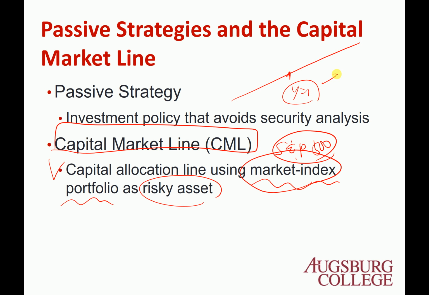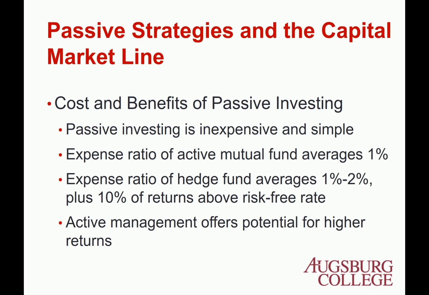You can increase or decrease and just move along. Then you don't have to do the security analysis, and that's the benefit of this strategy. Now there's a cost and benefit. The biggest benefit for the passive strategy is that it's easy, simple, inexpensive. You just pick the capital allocation between the risk asset and index funds, market funds.